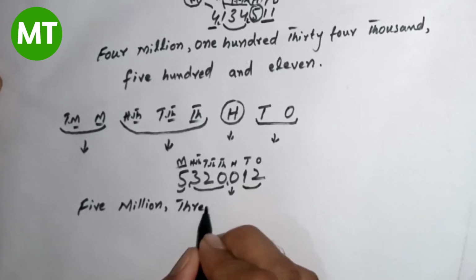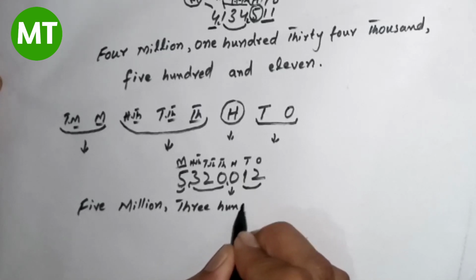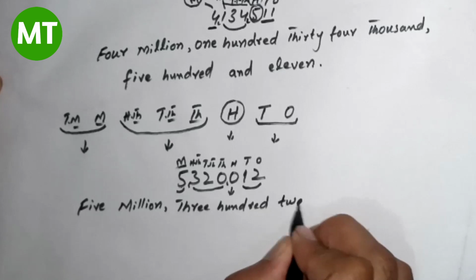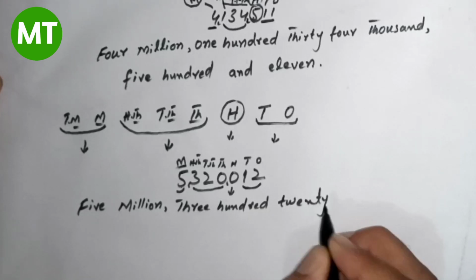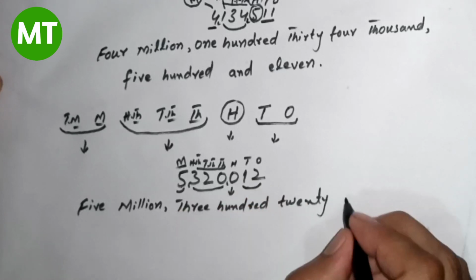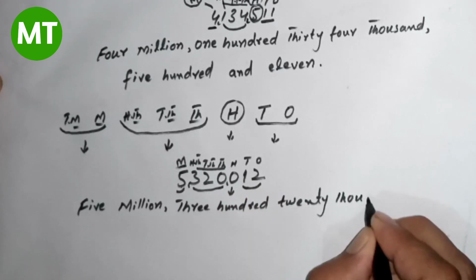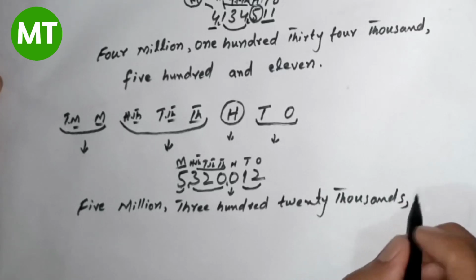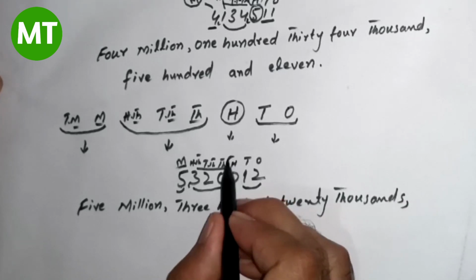Now we will write these three numbers together, which is 320. So first we will write 320, and then we will write its place value, which is 1000. So this becomes 320 thousand. Then we will put a comma.